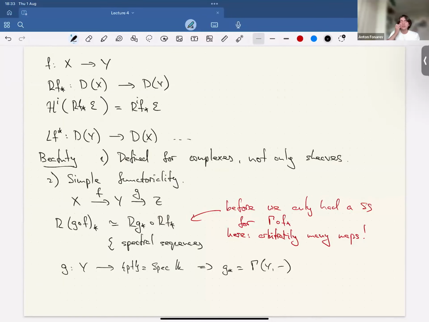And we get the usual spectral sequence whose second page E_{P,Q} is H^P of Y of R^Q F lower star of E, and then it converges to H^{P+Q} on X of E, except E can now be a complex.